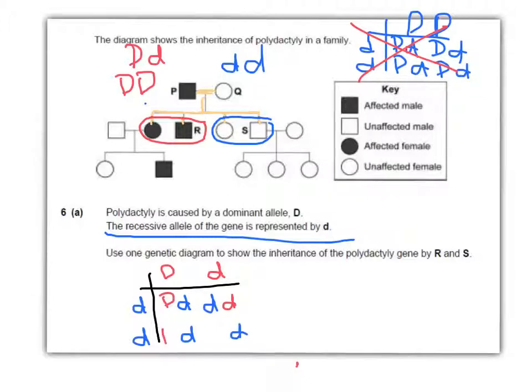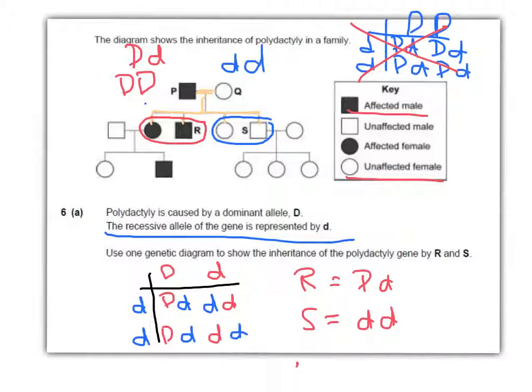And so then R, because it is an affected male, must be big D, little d, and S, because it's an unaffected female, must be little d, little d.